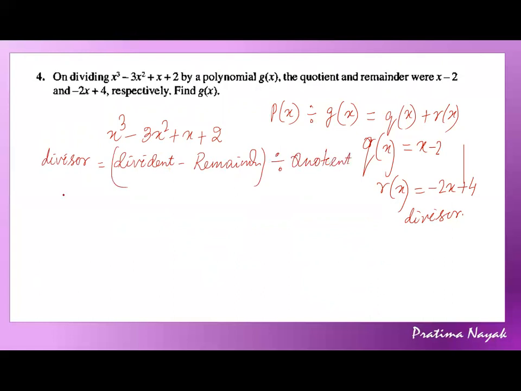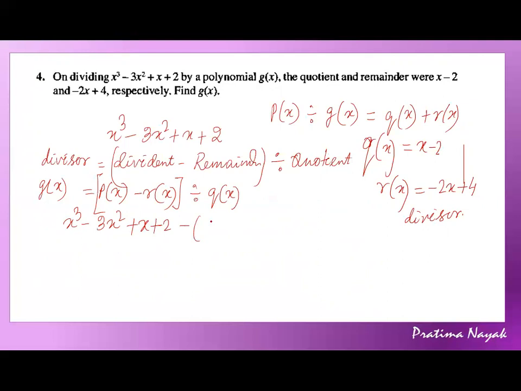So similarly here your g(x) is equal to p(x) minus r(x), after subtraction will divide with your q(x). So p(x) is x cube minus 3x square plus x plus 2. I'll subtract your remainder. It will be minus 2x plus 4. Then it will be x cube minus 3x square plus x plus 2x plus 2 minus 4.